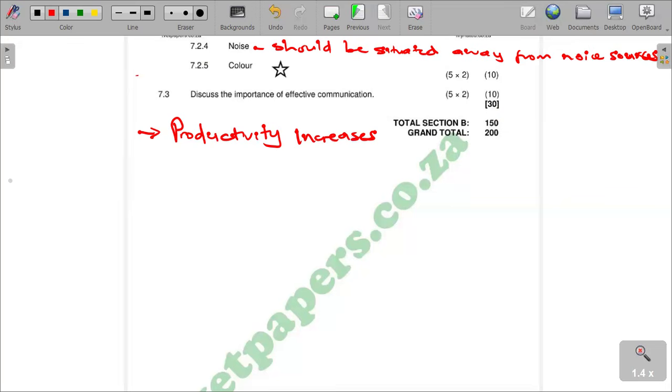And also, effective communication promotes unity at work among staff members. It motivates staff.